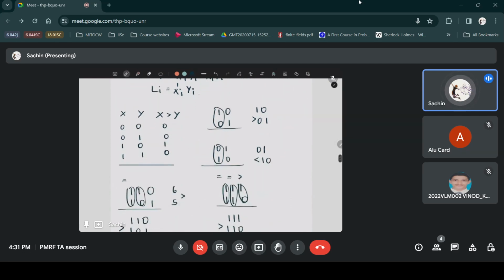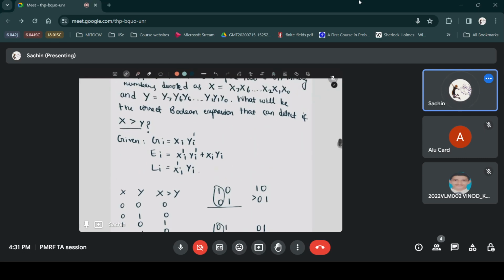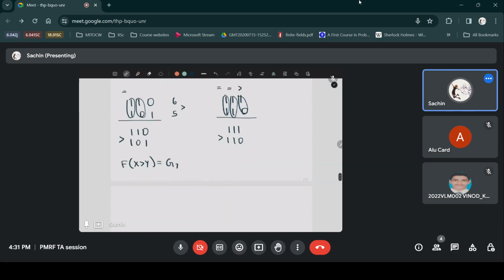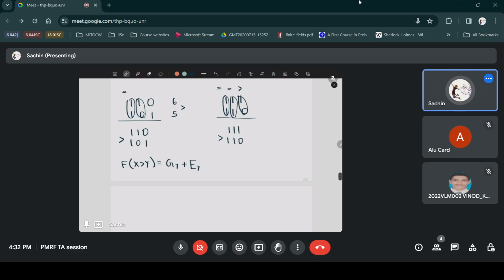Or another possibility is, if x7 is equal to y7, that is if e7 is true. Another possibility is e7 is true, but x6 is greater than y6. We move one bit to the right. So we checked the bits x7 and y7. We move one bit to the right. That is x6 and y6.